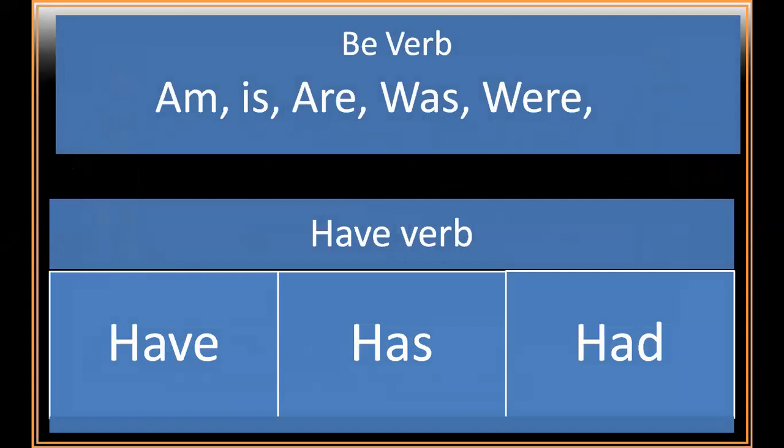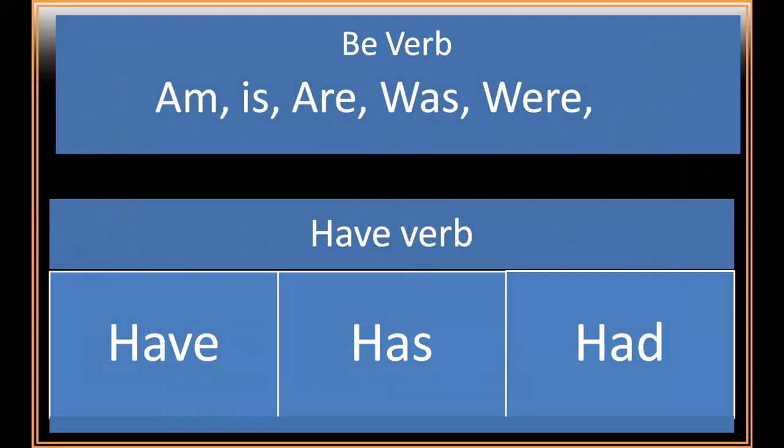My dear students, to solve tag question, you have to have proper idea about be verb, have verb, and main verb. Let's see the verb. First, be verb: am, is, are, was, were. These are be verb. Have verb: have, has, had.